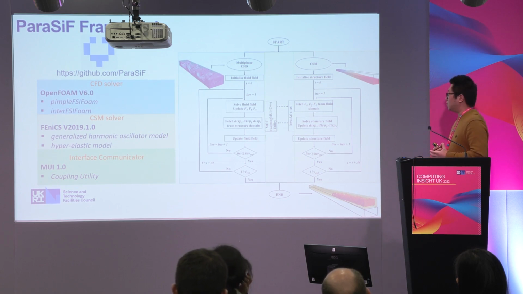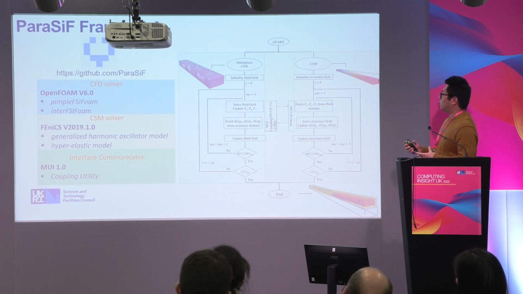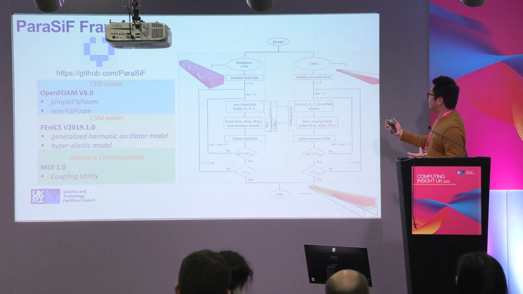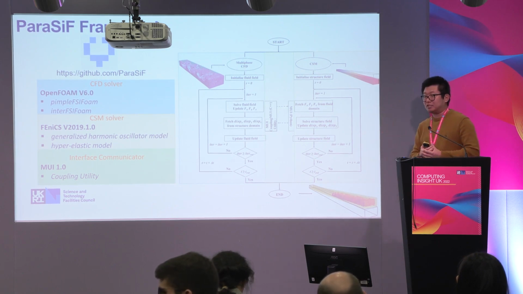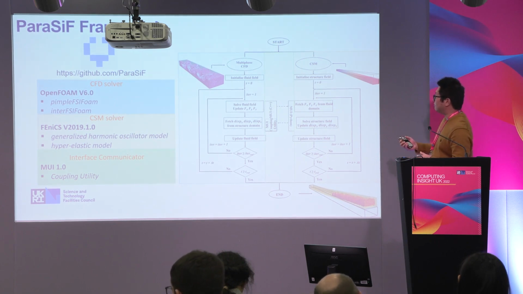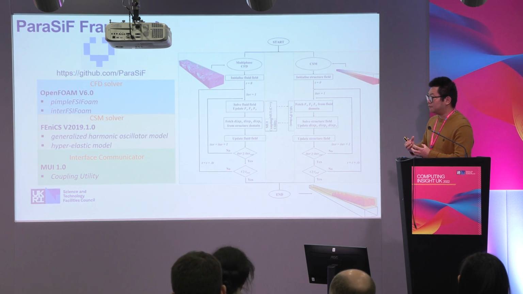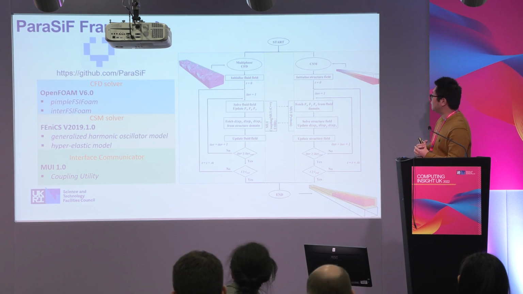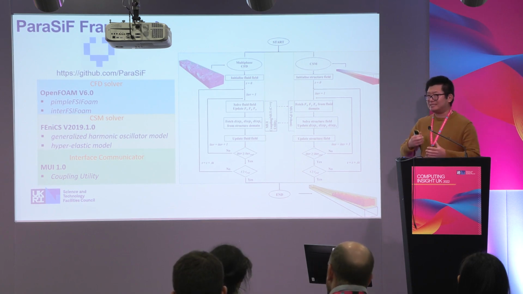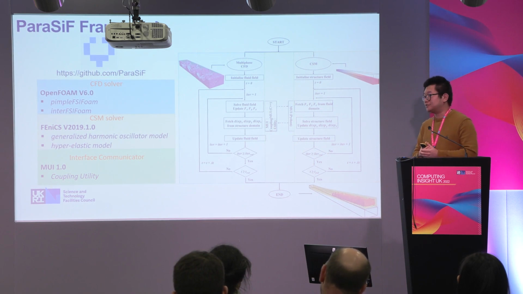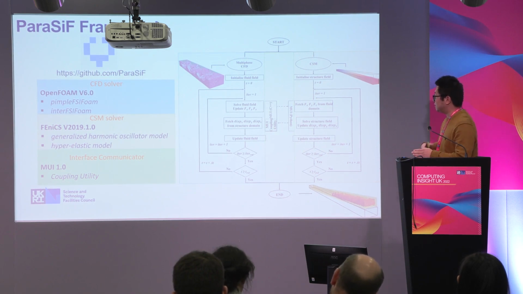A typical fluid structure interaction case is like this. When we start the simulation, it involves a number of time steps. In each time step, in order to make the coupling implicit and stable, we involve a number of sub-iterations between the fluid and structure domains. In each sub-iteration, the fluid solver receives the deformation of the structure from the structure solver, updates the fluid flow, and calculates the forces on the surface of the structure.